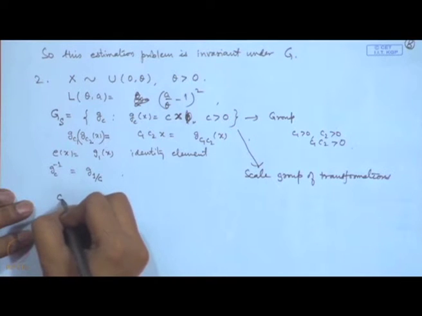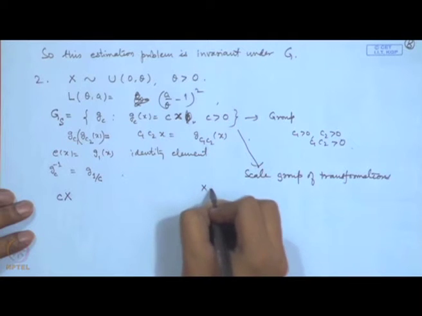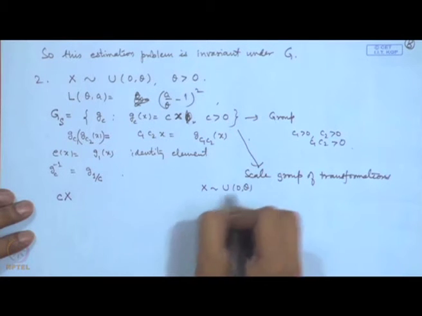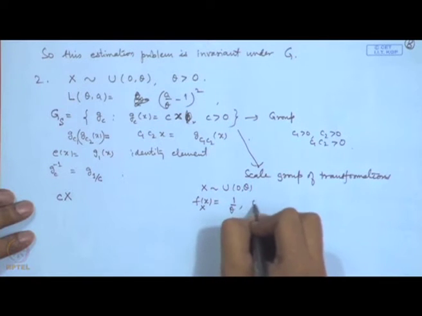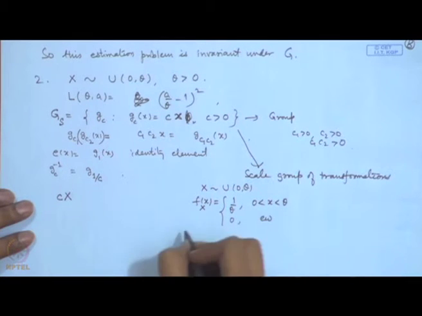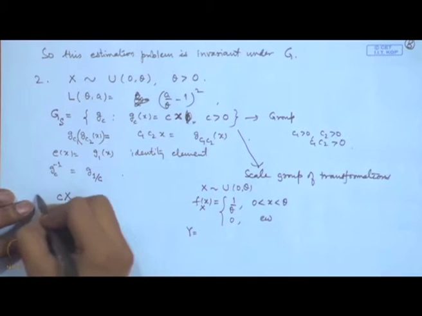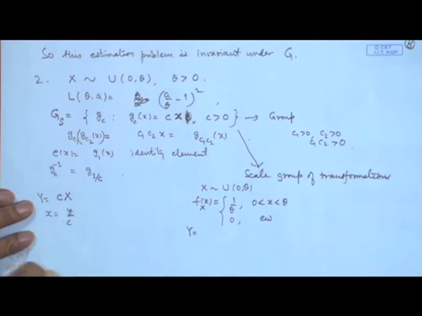So, let us consider the distribution of c X. If X follows uniform 0 theta, that means the density function f(x) is equal to 1 by theta between the points 0 to theta, and 0 elsewhere. Let us consider y is equal to c x, that is x is equal to y by c.